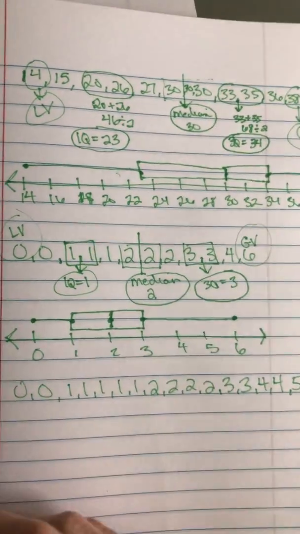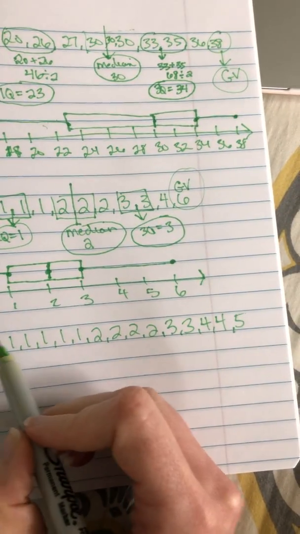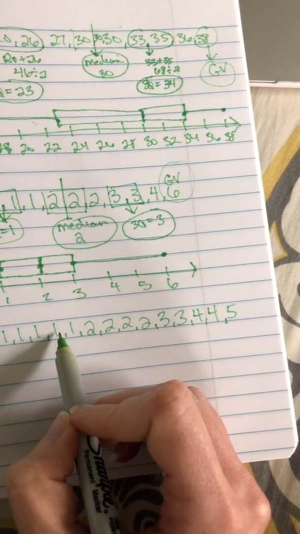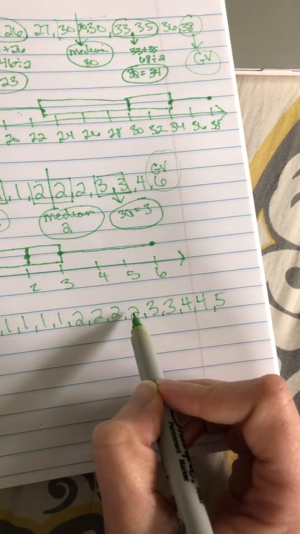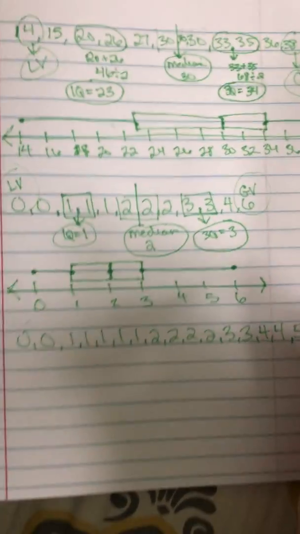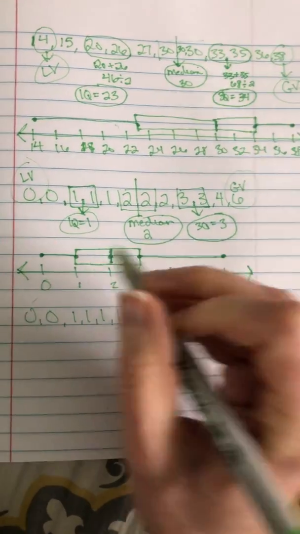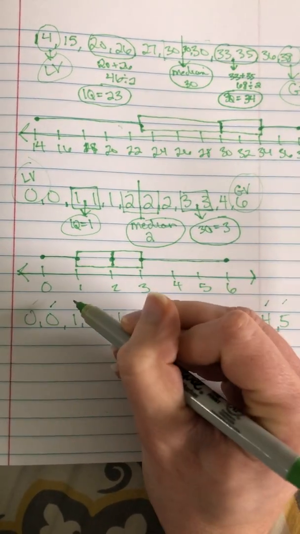It's not going to necessarily just be a number here. Ooh, this is hard to do without crossing off. I'm going to cross out above. That might help you guys see, especially when all these numbers repeat.